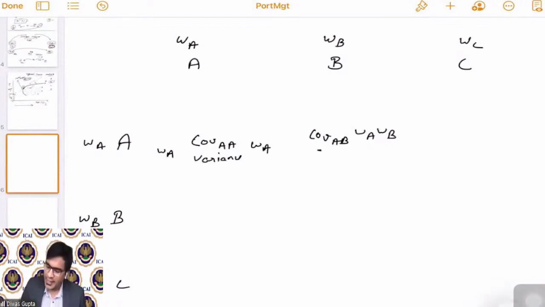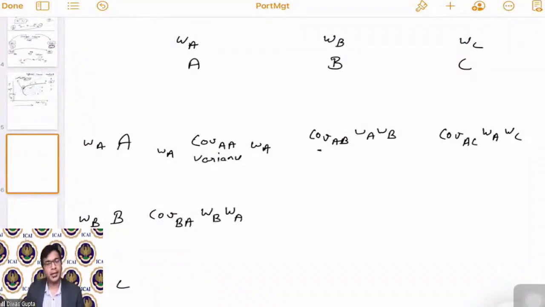Similarly, for the A and C combination, we have to take covariance A and C, weight of A and weight of C. Okay. Now again coming to the second row, which is the B row. So BA is covariance BA, weight of B and weight of A. Correct?